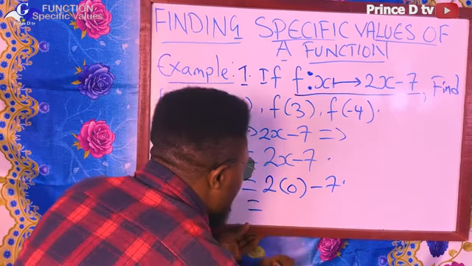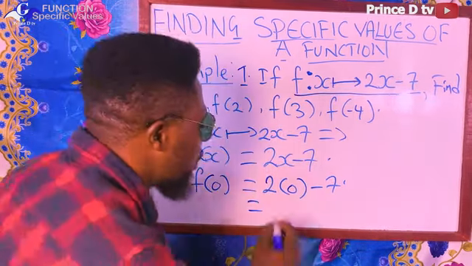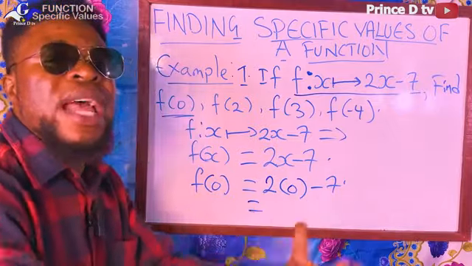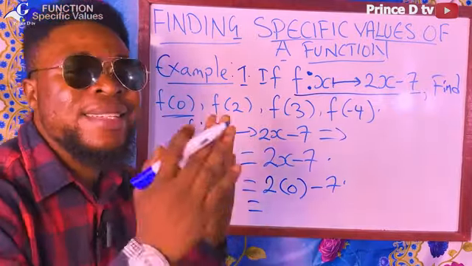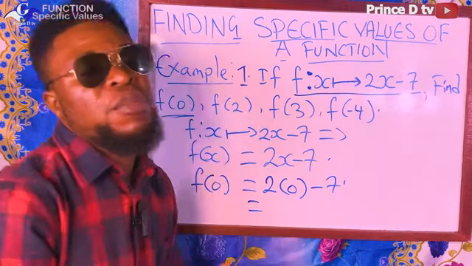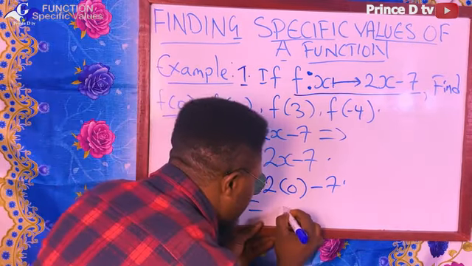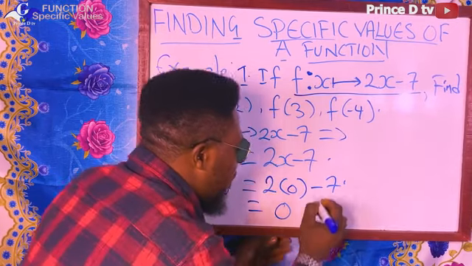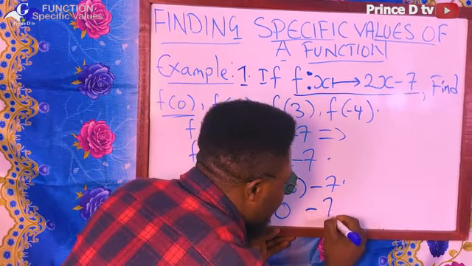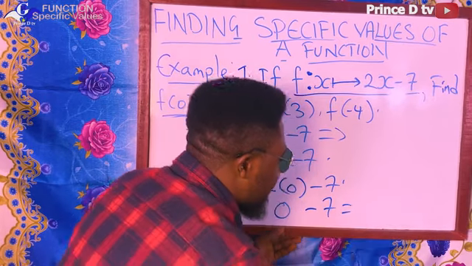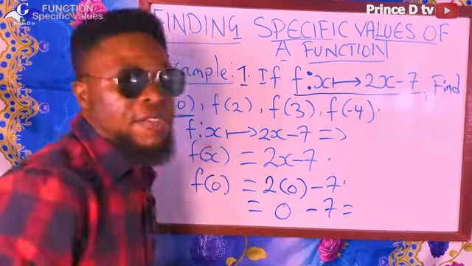So this is equal to, now multiplication, 2 times 0. It is 0. Remember, anything multiplied by 0 is 0. So we have 0, our minus is left, and our 7 is there, which is equal to 0 minus 7.